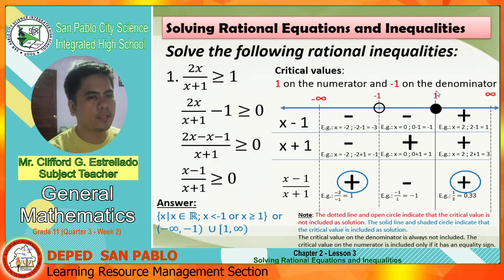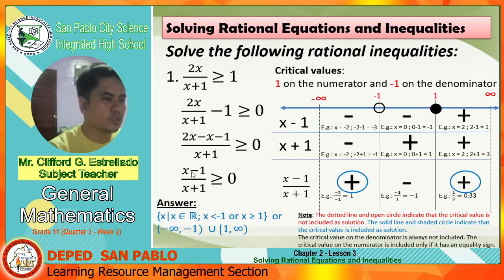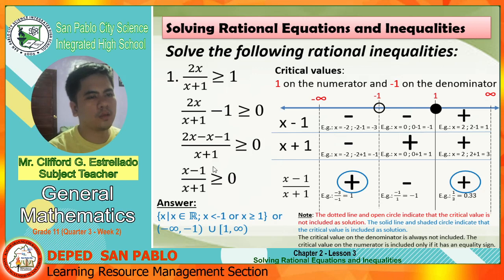Why is it that 1 is included? Because our numerator will become 0: 1 minus 1 is 0, and 0 divided by any value is equal to 0. By checking, we will have 0 is greater than or equal to 0, and that is true. Since it is true, we can now say that 1 can be a part of our solution.